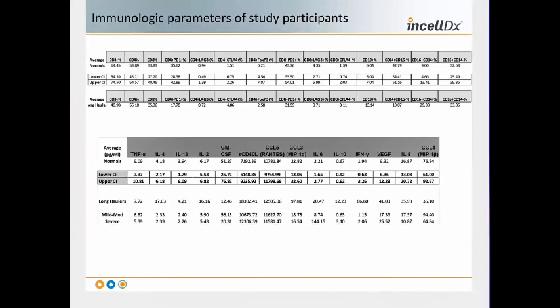But what we found as you look at monocytic subpopulations: classical monocytes, CD14 high, CD16 negative; intermediate monocytes, CD14 positive, CD16 positive; and the non-classical monocytes, CD14 low, CD16 positive. All of these subpopulations of monocytes have different functions.